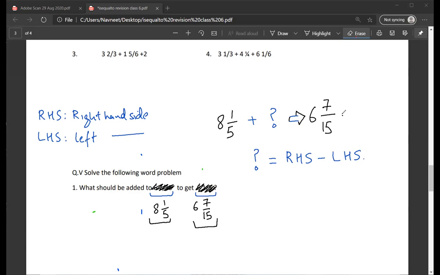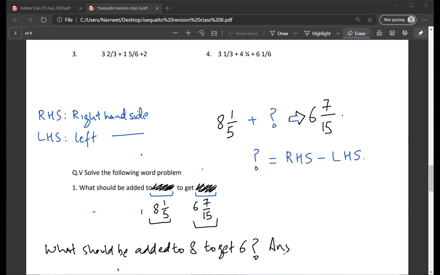Mr. Satya, is there a doubt? No, sir. See, what I'm trying to tell you is that I can also write it like what should be added to 8 to get 6. Mr. Sarthak, what will be the answer?